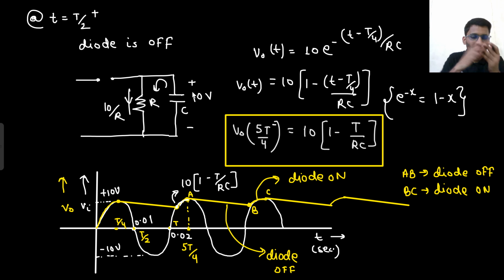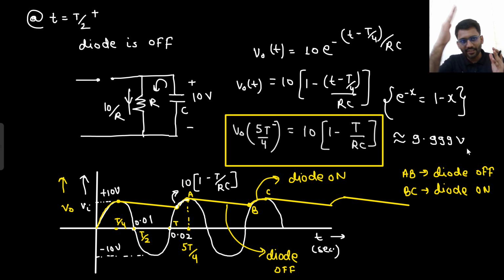Here your capacitor voltage is changing, but very little, from 9.99 volt to 10 volt. At 5t/4 minus, it was approximately 9.999 volt, and then it changes to 10. So the resistor current is not changing that much. It will be nearly 10 by R only.